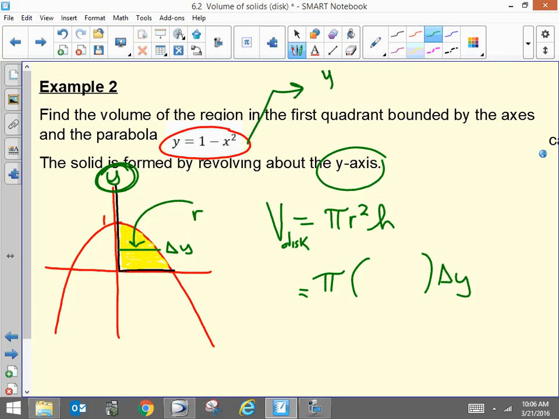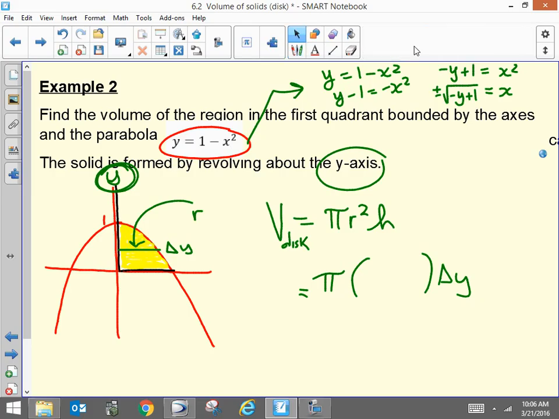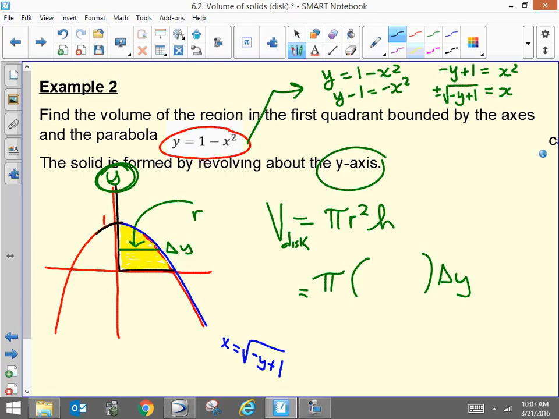So y equals 1 minus x squared, y minus 1 equals negative x squared, negative y plus 1 equals x squared, x equals plus or minus. Okay. We have plus or minus. This is plus. And this is minus.